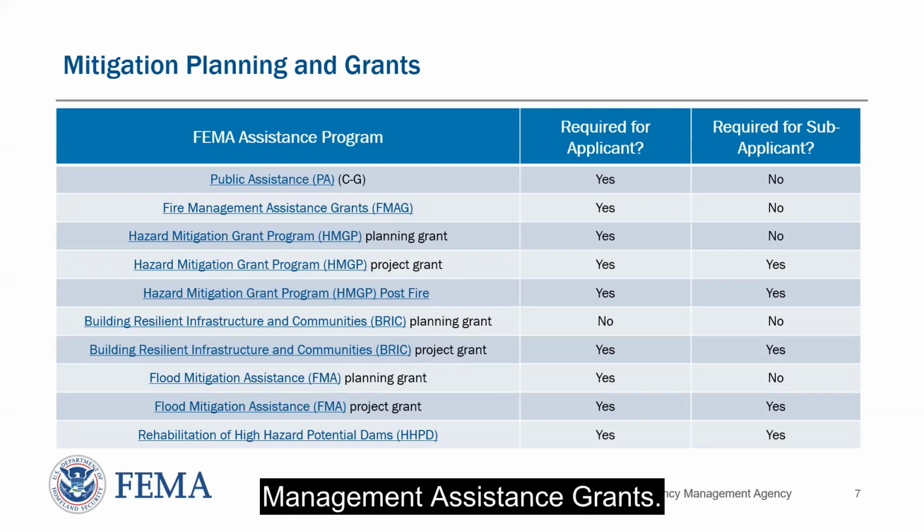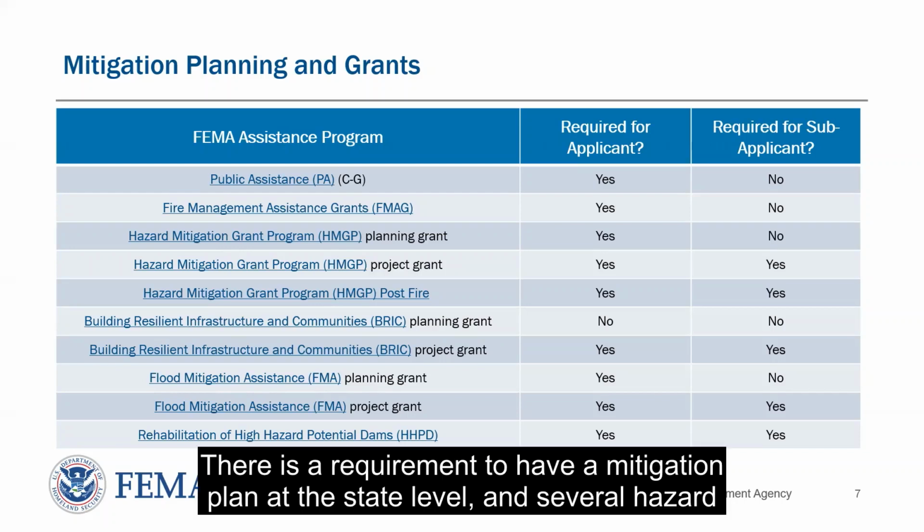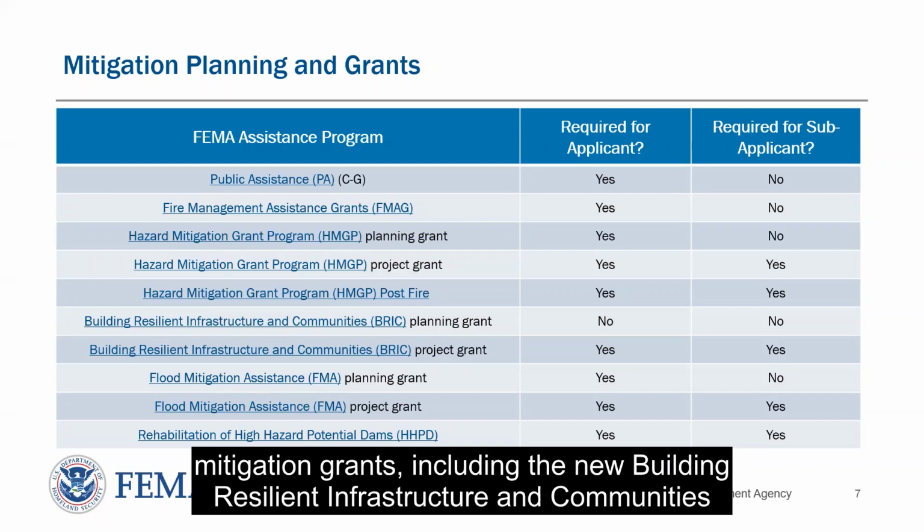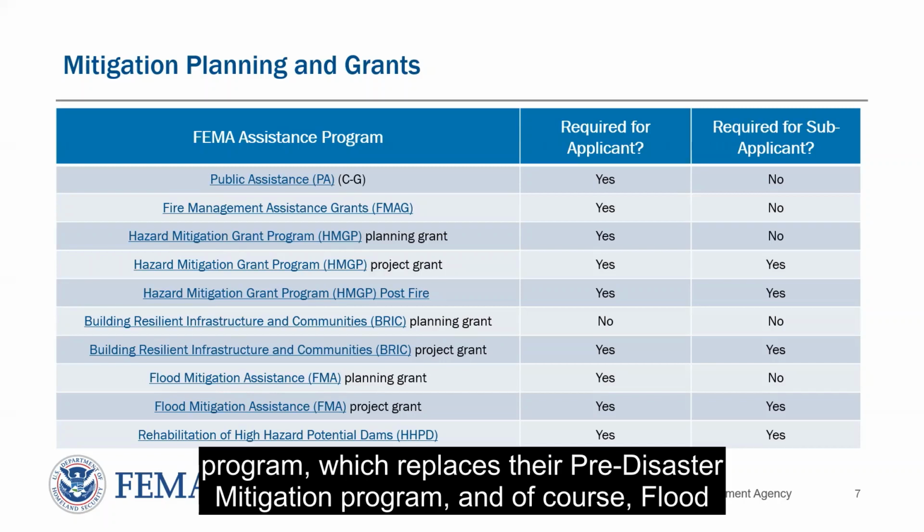Also, fire management assistance grants. There is a requirement to have a mitigation plan at the state level. And several hazard mitigation grants, including the new Building Resilient Infrastructure and Communities program, which replaced our Pre-Disaster Mitigation program.